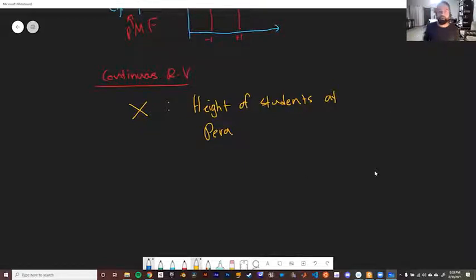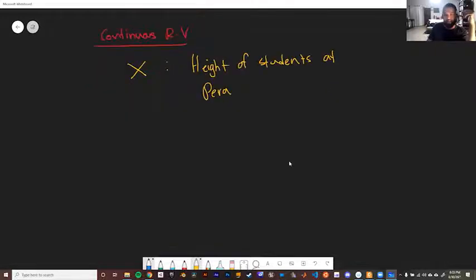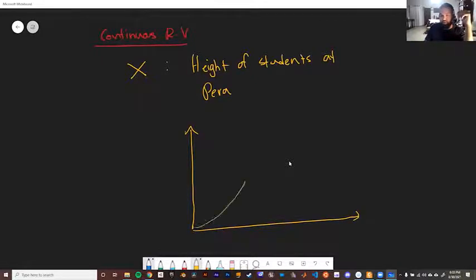Just like we had the probability mass distribution, you can draw what we call a probability density distribution. The probability density distribution for something like height of students will look something like this. This will be given as P of x, and here we will have x.